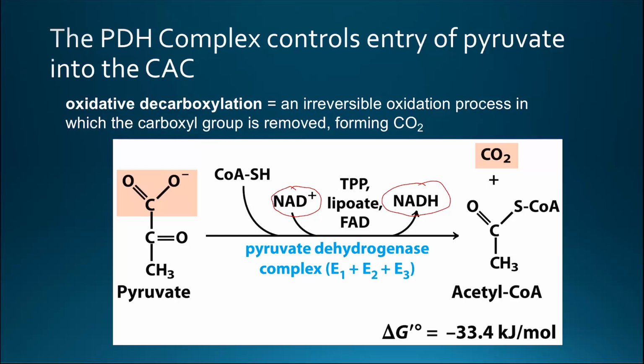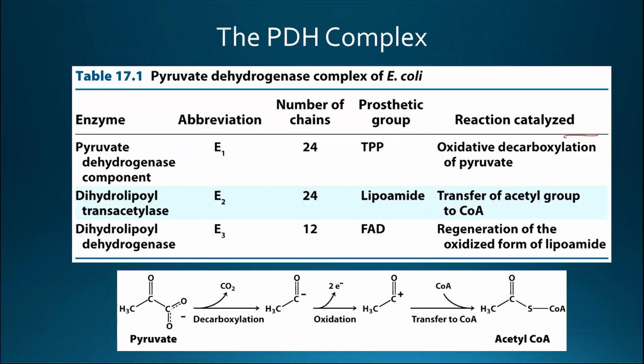And at the bottom, we have the 3 overall steps of E1, E2, and E3. Step 1 being the decarboxylation, step 2, the oxidation, and step 3, the transfer of that to coenzyme A. Now, these steps only correspond to the first 2 steps of the pyruvate dehydrogenase complex reaction. The rest of it is to regenerate the enzyme into an active form so that the cycle can continue.